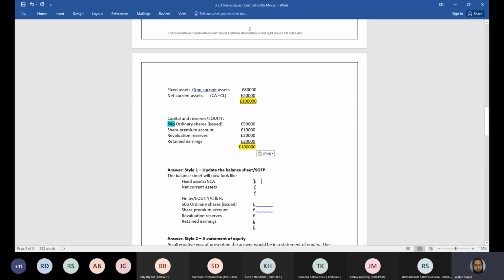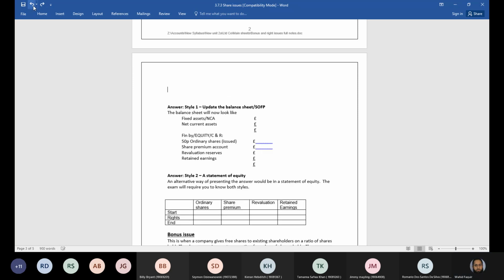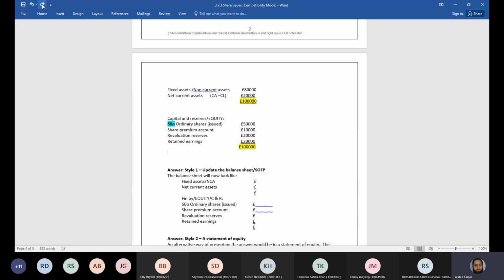Okay, now you can start putting your figures in. Now, don't wait for others to do this. Don't wait for me to do this. Start doing it yourselves, please. Right. I'll give you a minute to try and do that, please. You will know that you're right because the top half will equal the bottom half.